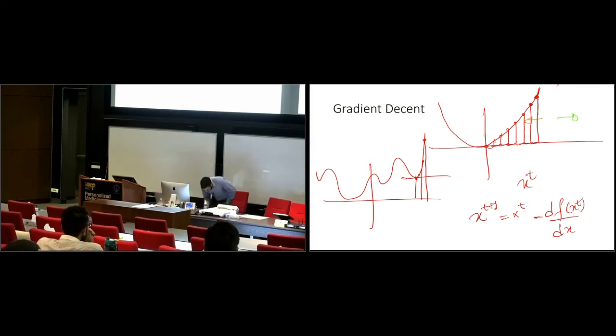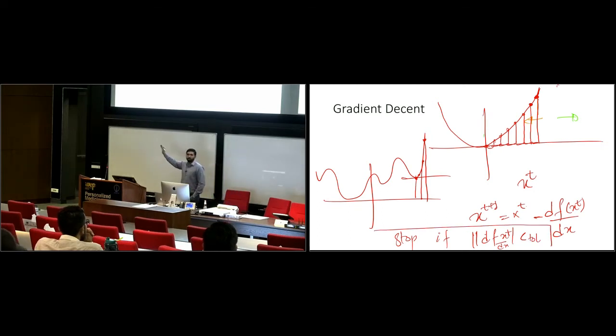So we would say stop if the size of the gradient is, let's say, smaller than some tolerance. Let's say it's smaller than 0.001. Then stop. That's quite good.